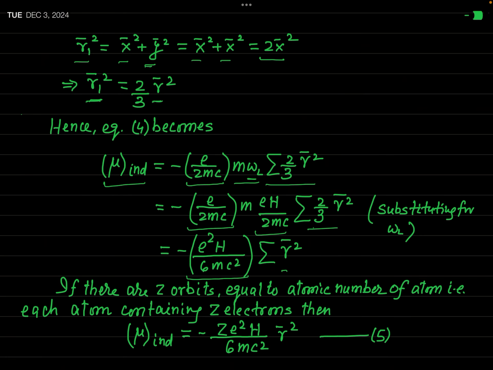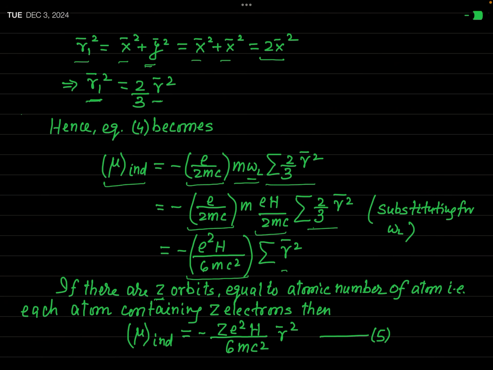Now if you consider that there are Z orbits, where Z is the atomic number of the atom, and atomic number is simply equal to the number of protons in the atom, and in the case of a neutral atom, the number of protons is equal to the number of electrons. So Z represents the number of electrons in an atom.